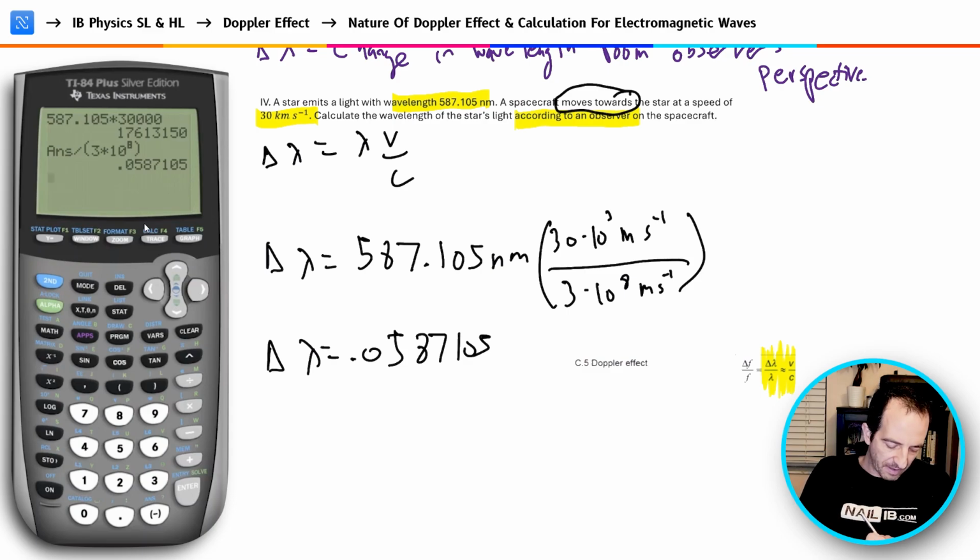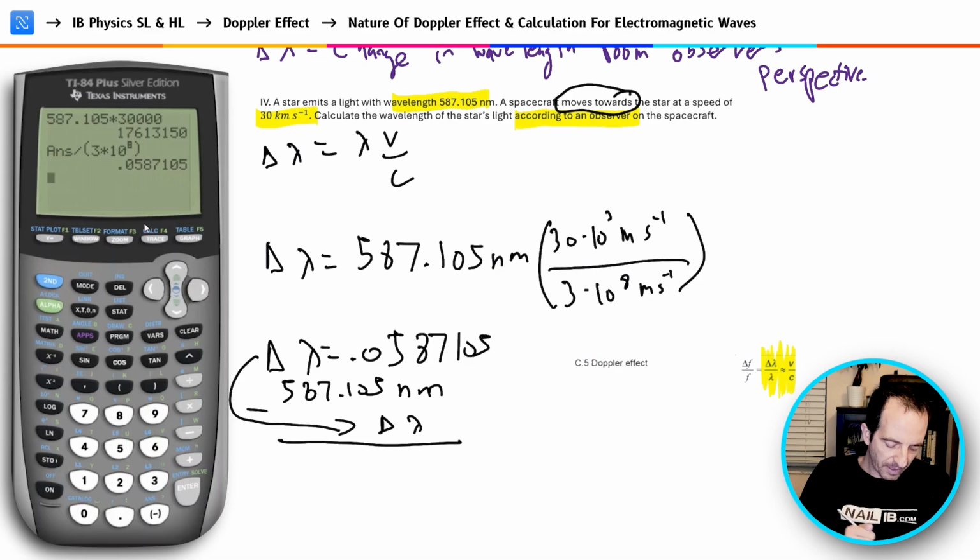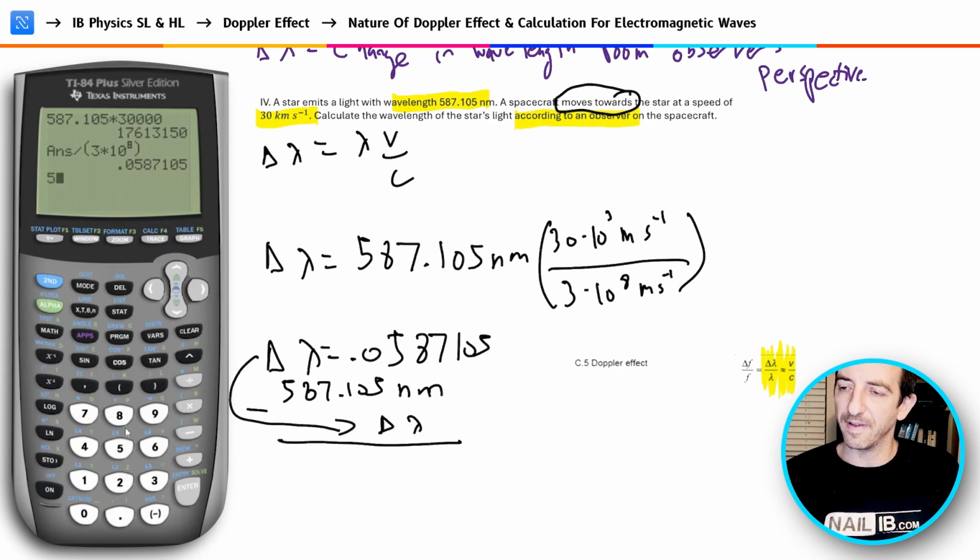So 587.105 nanometers. Take away my answer. I'll just write delta lambda, which is the answer from right there. So I could do, let's see, we have 587.105 take away the second answer.